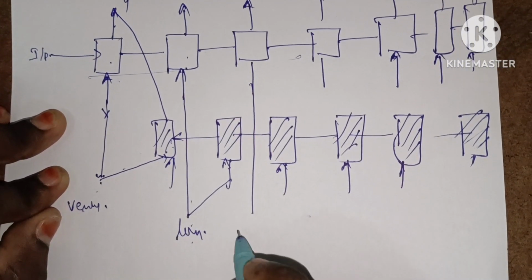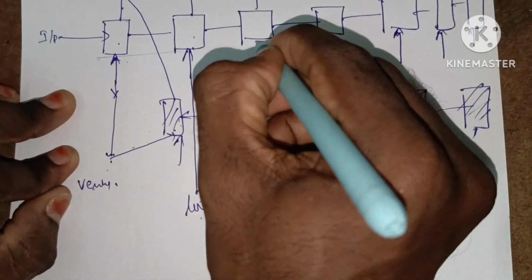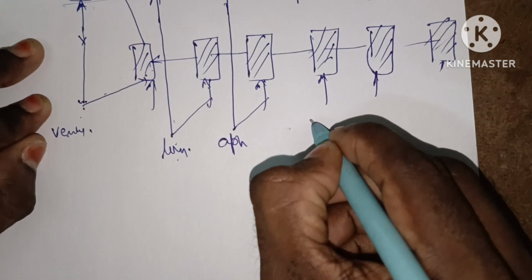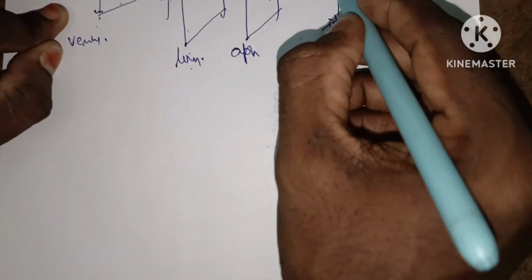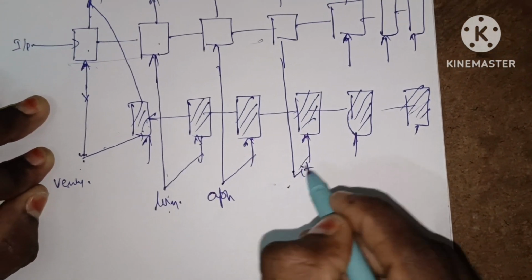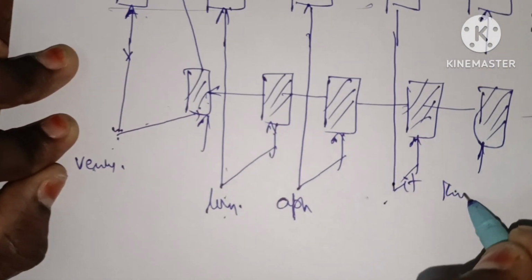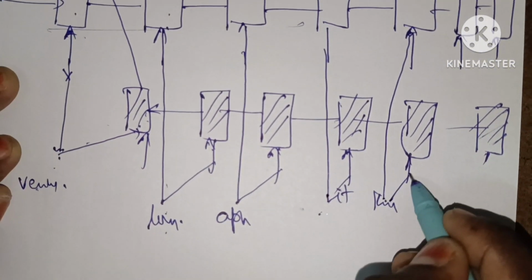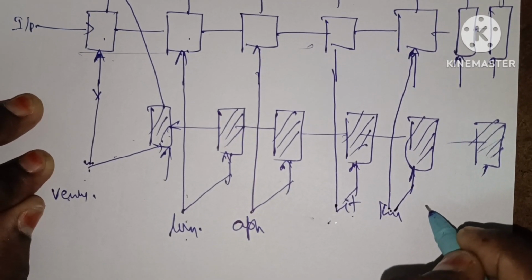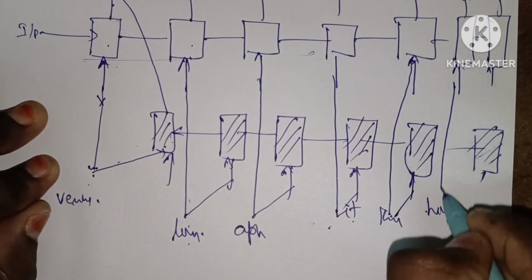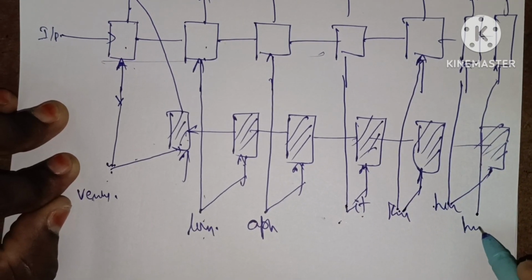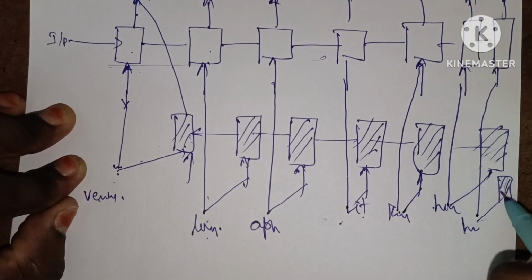Next apple, forward and backward. Next it, forward and backward. Next keeps, forward and backward. Next him, forward and backward. Next healthy, forward direction and backward direction.